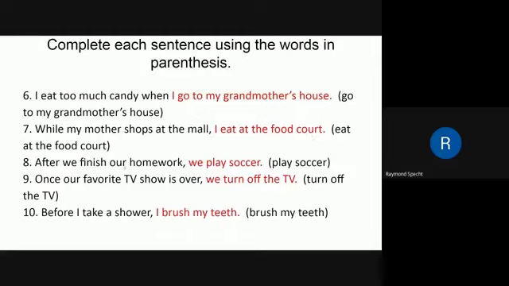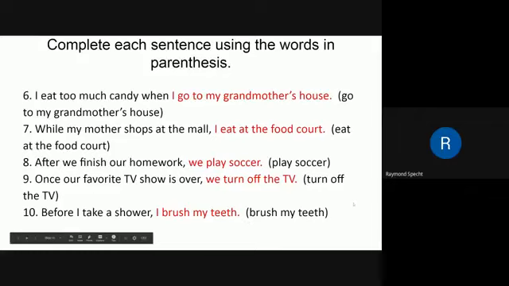After we finish our homework, comma, we play soccer. Once our favorite TV show is over, comma, we turn off the TV. Before I take a shower, comma, I brush my teeth.